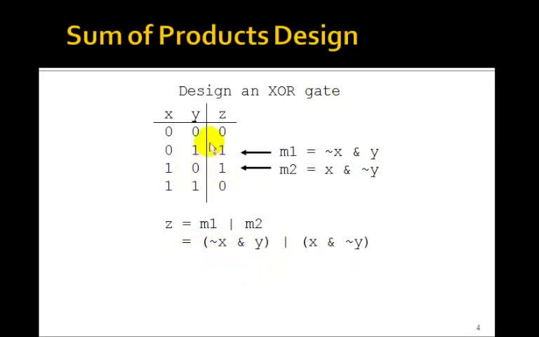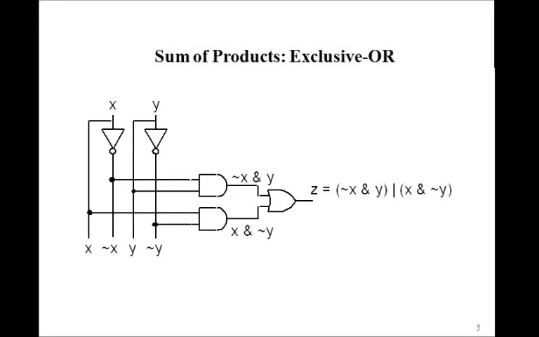We can write basically by inspection what Z is in terms of X and Y in terms of a sum, that is an OR, of products, that is AND gates. Now we can draw the logic circuit for this. Here is the output we want. We need some NOTs, so we'll use this convention.